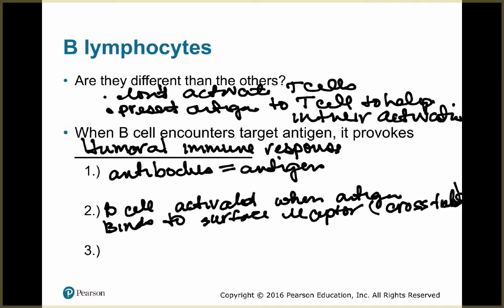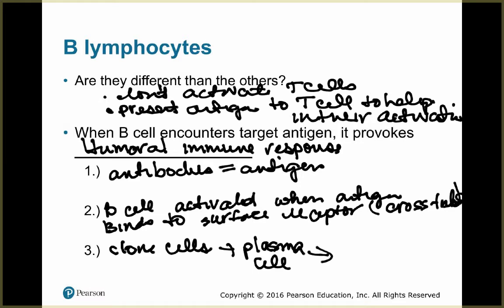And so most of the clone cells that we get from them end up becoming plasma cells. And the plasma cells end up making antibody for the body.